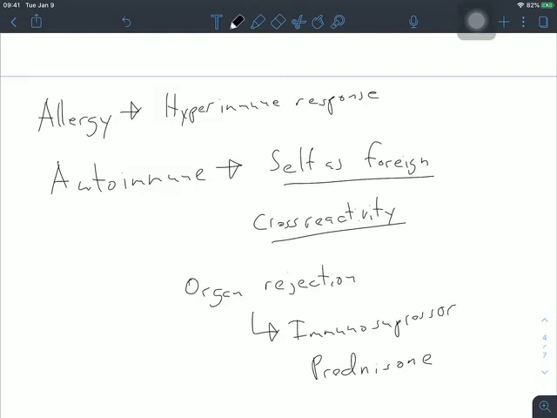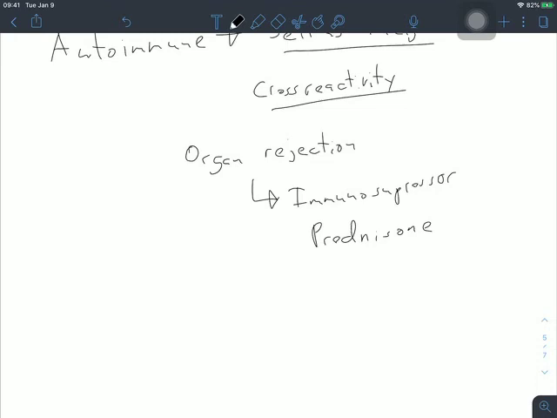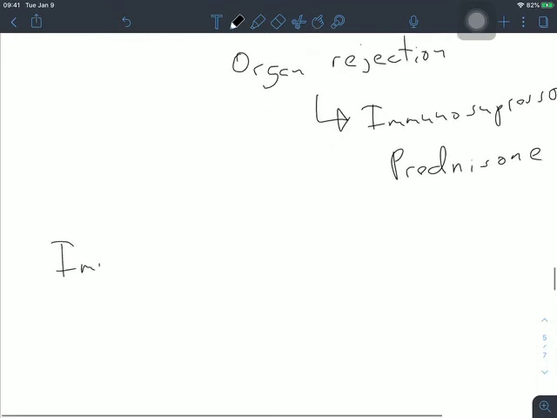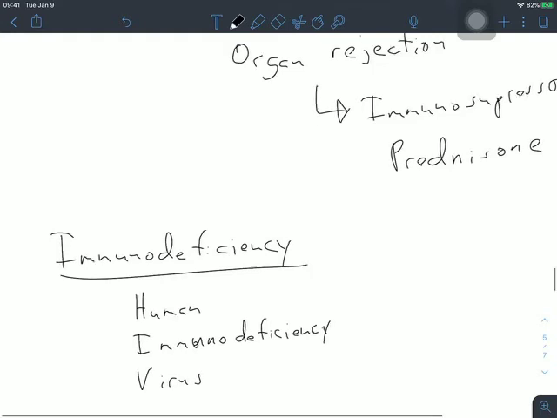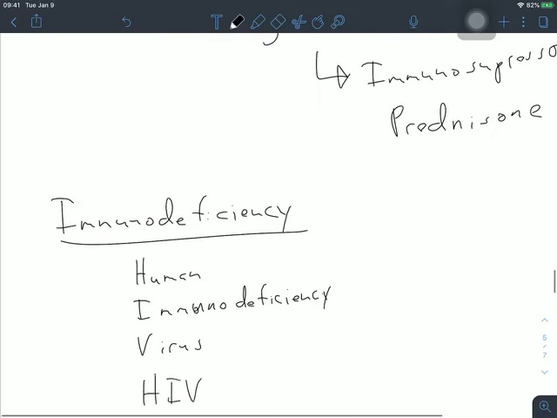Poor little dude. Our last topic is on immunodeficiency. Rather than having a hyperactive immune system, there are diseases that can knock out your immune system. The one you're probably most familiar with is human immunodeficiency virus, better known as HIV.